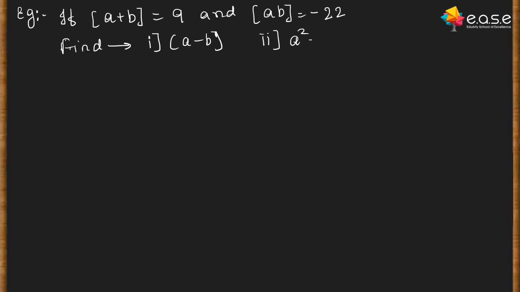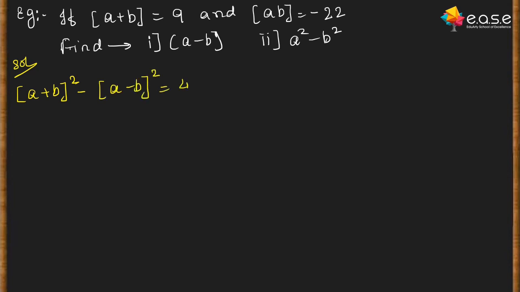Okay, so first of all a minus b, correct? We know that a plus b the whole square minus a minus b the whole square will give us 4ab. We have seen that, correct?